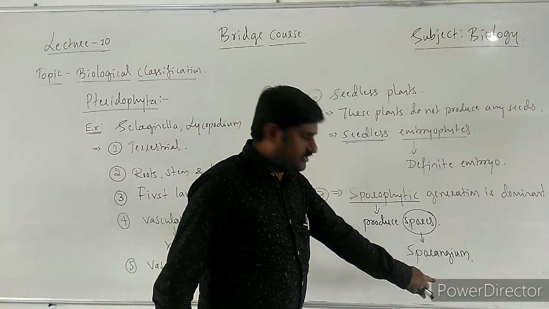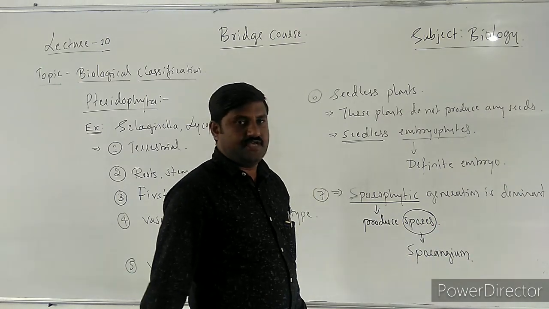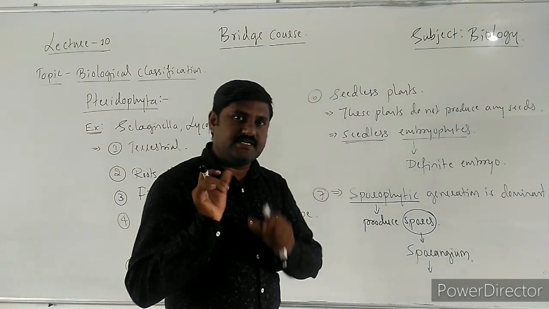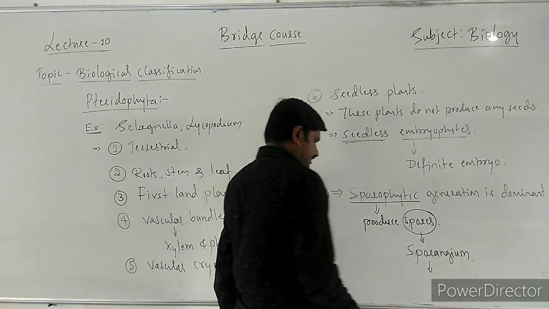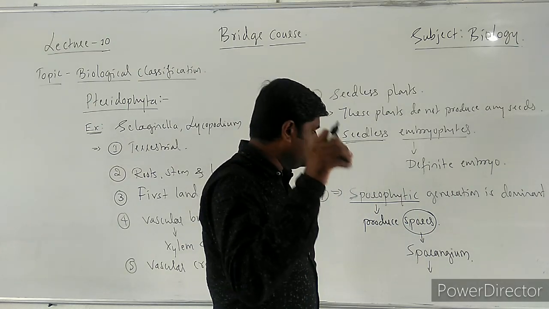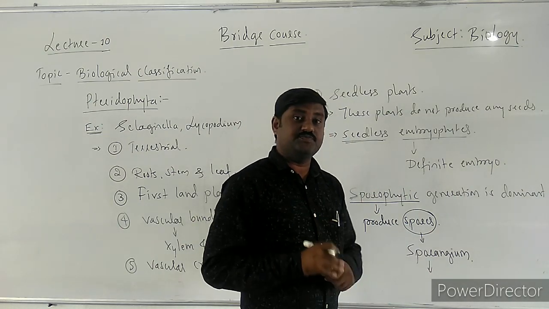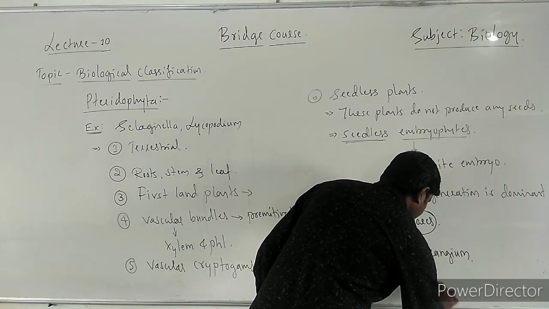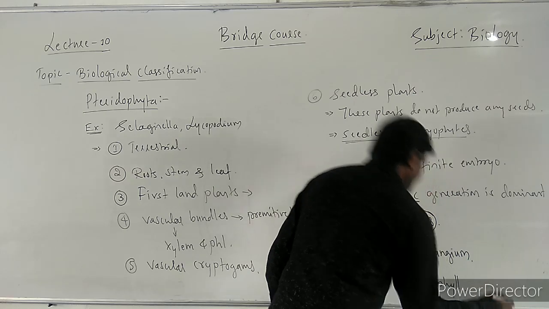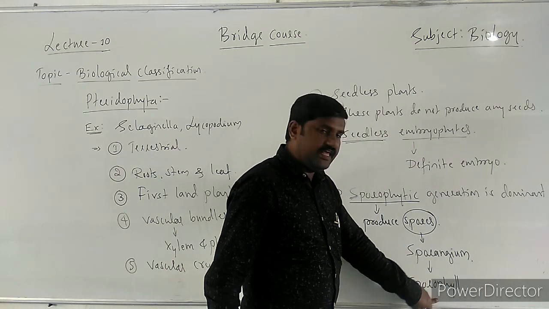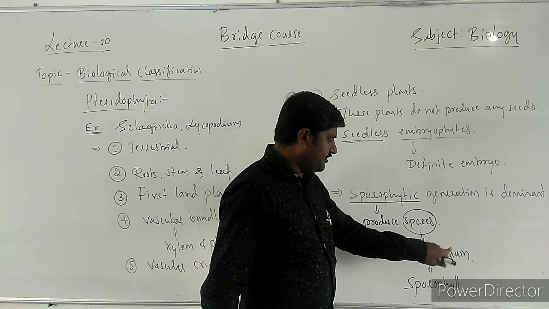Spores are enclosed inside the sporangium, and this sporangium is usually present on a leaf, and that leaf containing sporangium is called sporophyll. Sporophyll is the structure of the leaf which contains sporangium.